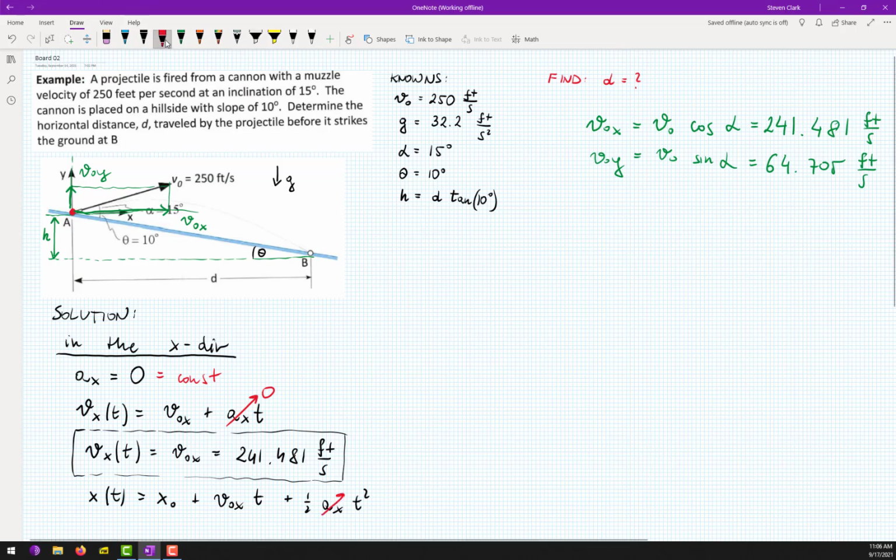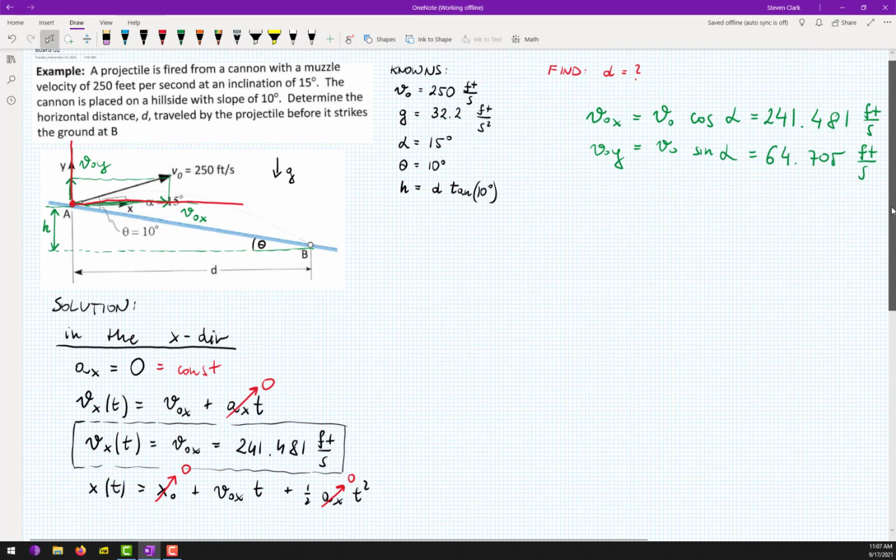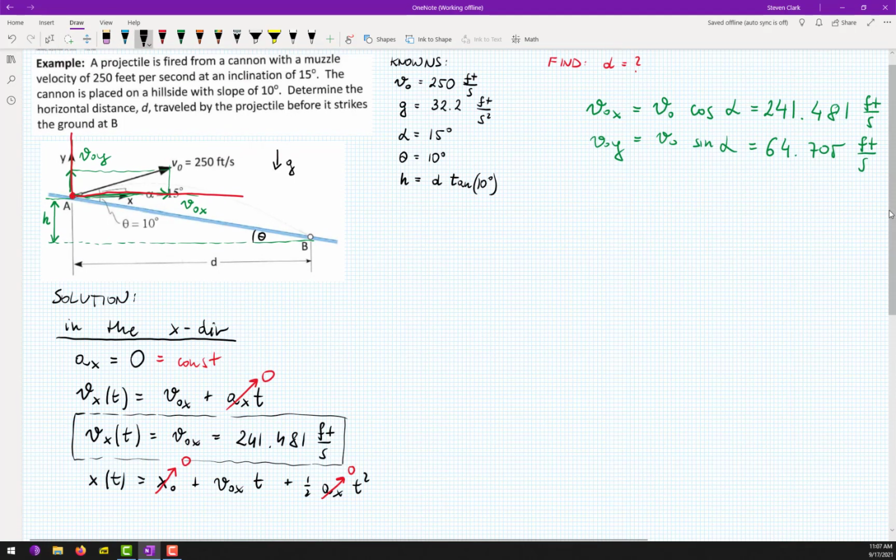The ax term is 0, and x0 is also 0, because our coordinate system is here. So this is our expression for position. We're done with the x direction.